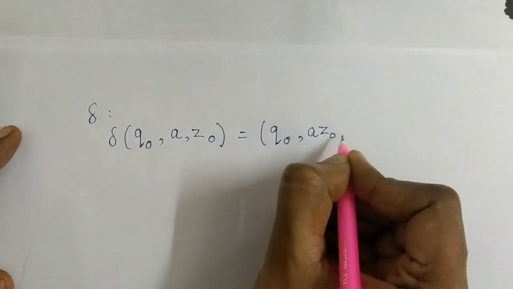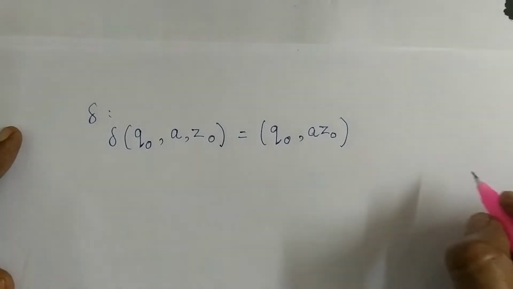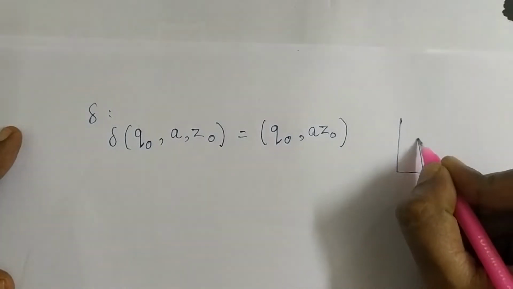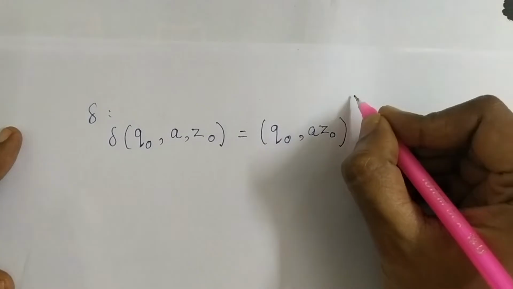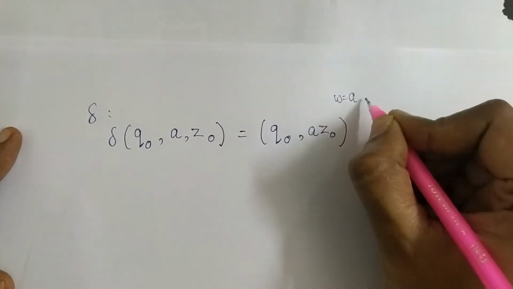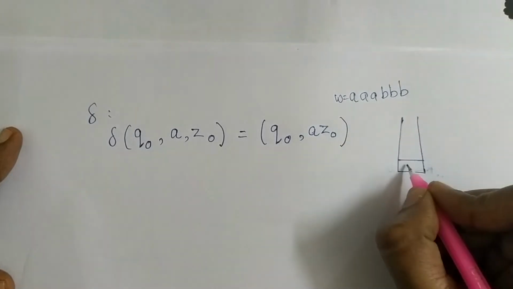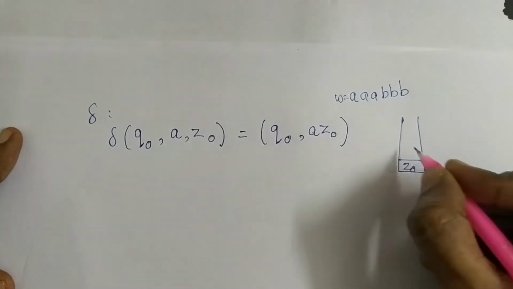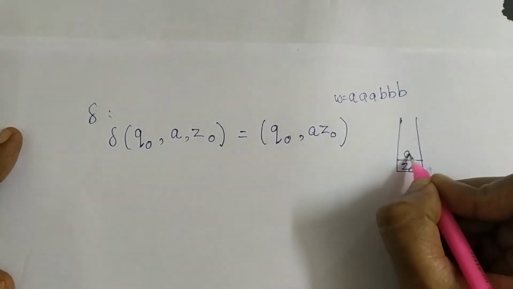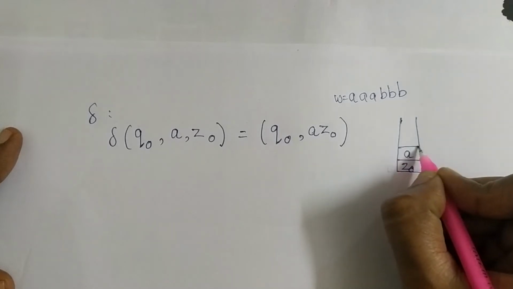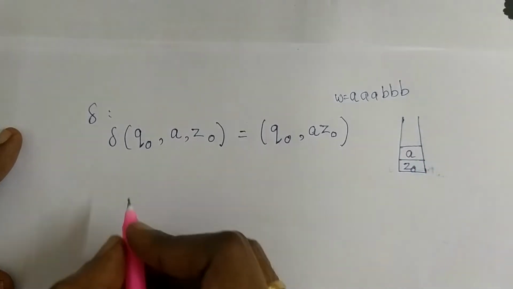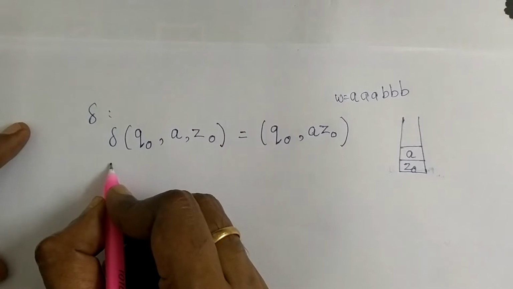A Z0. In that manner we have to write the transition function. We are going to read W equal to A, B, B, B. Initially Z0 will be there, and now we are pushing A into the stack. And then how can we write the next transition function?